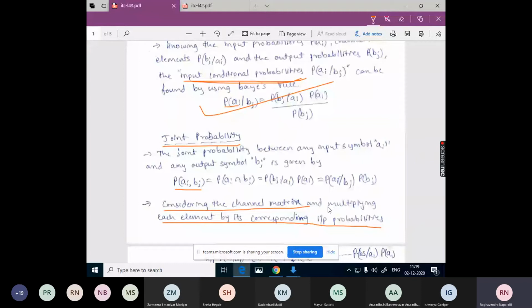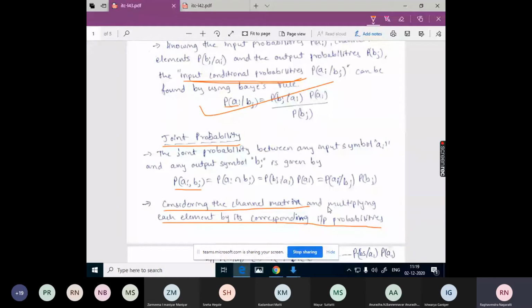Okay. Coming to the properties of JPM. It has some properties, which we can observe here. The first one: by adding the elements of the JPM, joint probability matrix, column wise, we can obtain the probability of output symbols.